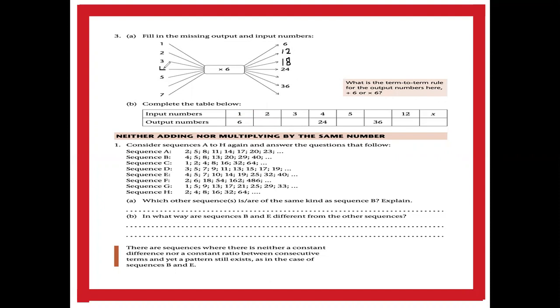That is 4. 4 times 6 equals 24. 5 times 6 will give us 30. Something times 6 will give us 36, which would be 6. 6 times 6 is equal to 36. 7 times 6 is going to be equal to 42.